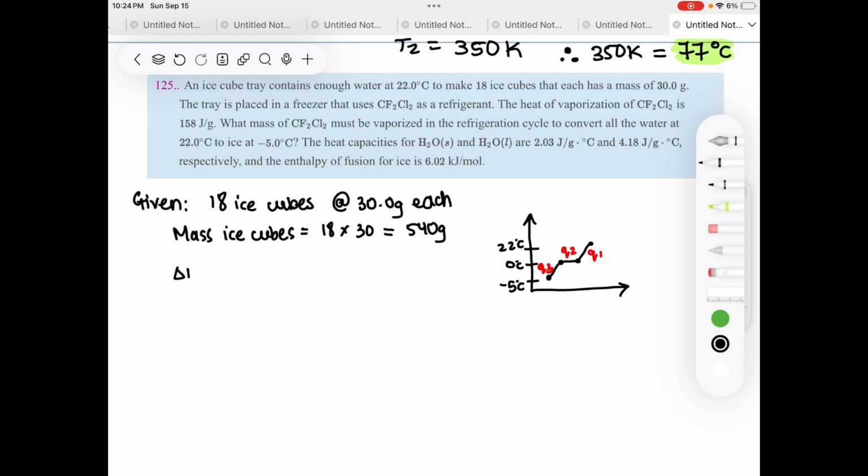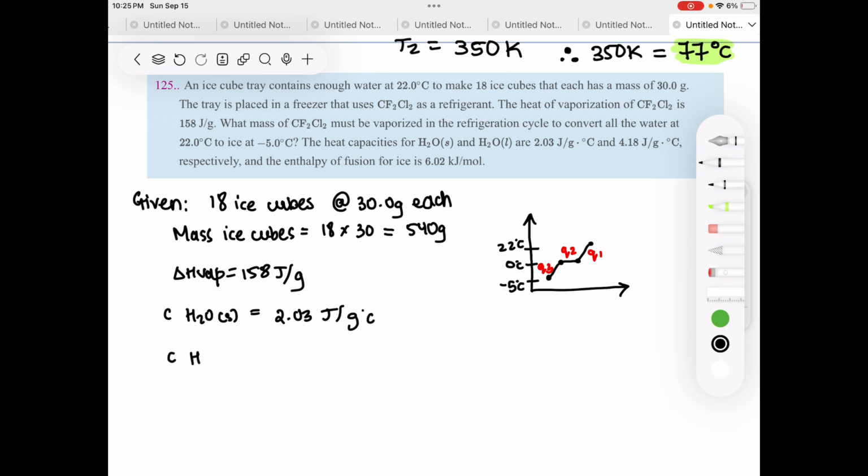We are given the heat of vaporization is equal to 158 joules per gram. We're given the heat capacities for H2O solid, which is equal to 2.03 joules per gram degrees Celsius.